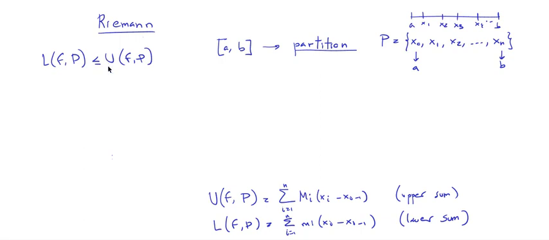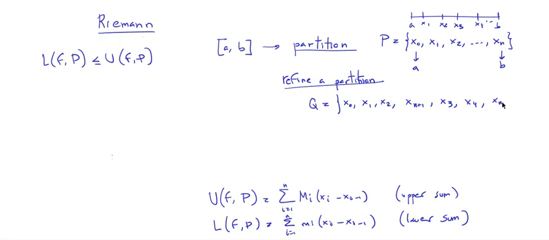So what Riemann said is that we can refine a partition by adding points to it. For instance, if we have another partition Q in which we have x0, x1, x2, and then a new point, and then x3, x4, and so on until we get to b again, so we insert new points in here.